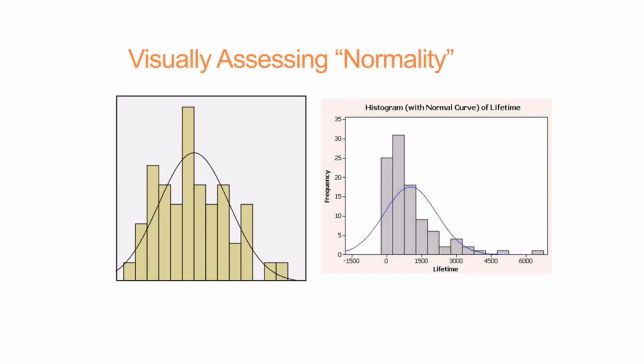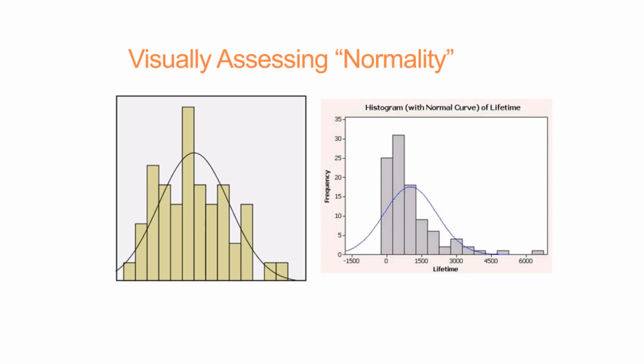To assess normality, one method is to overlay a normal curve with the same mean and standard deviation as the sample. The closer the data in the histogram fits the curve, the closer the data are to representing a normal distribution. Again, remember the issue of sampling variability.